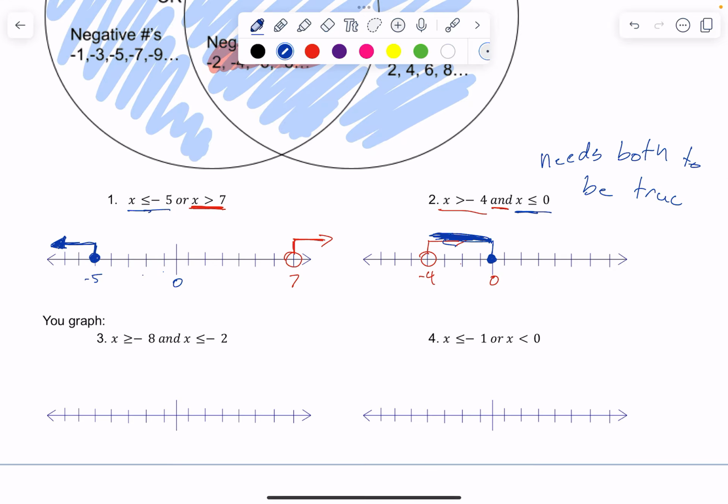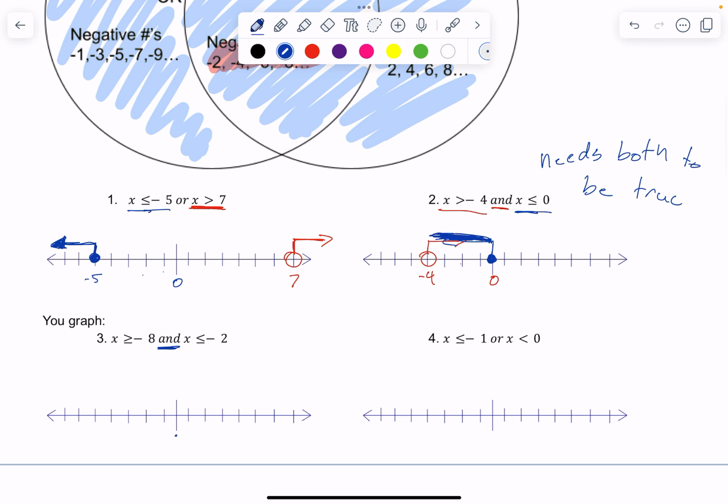All right, take a moment. I'm going to let you graph 3 and 4. I'm assuming you can pause this at any time, so pause away. But as it goes, I'm just going to specify this is an AND statement, so it needs to be making both sides happy.